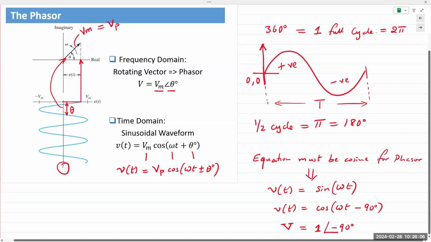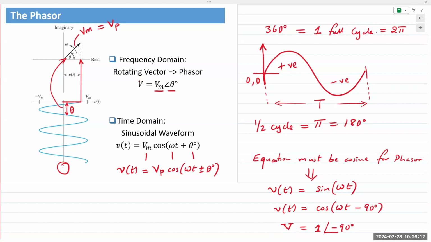Oh yeah, 1 with a phase angle of minus 90 degrees. That's it. So magnitude 1 and phase angle minus 90. The theta value is minus 90. So it's pointing down. The vector is pointing down.